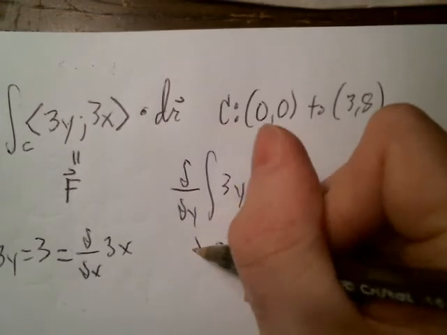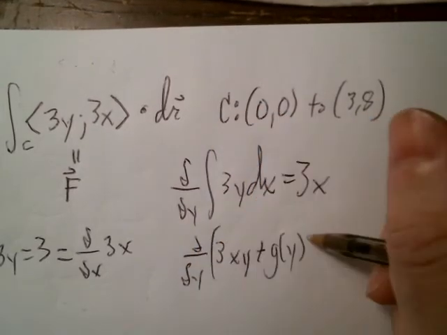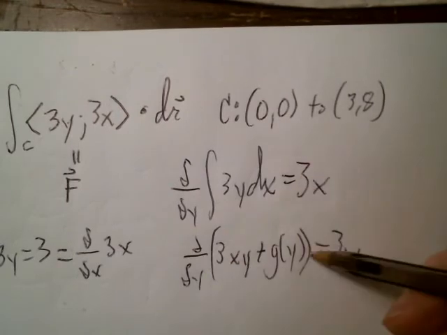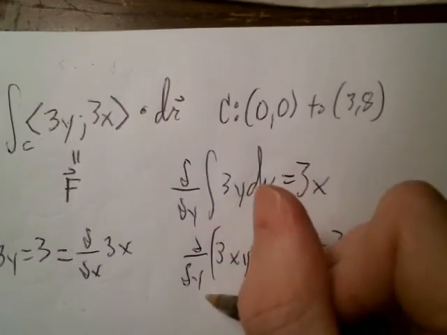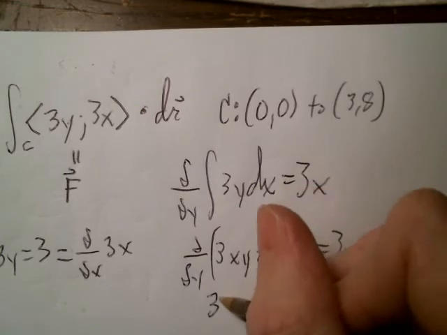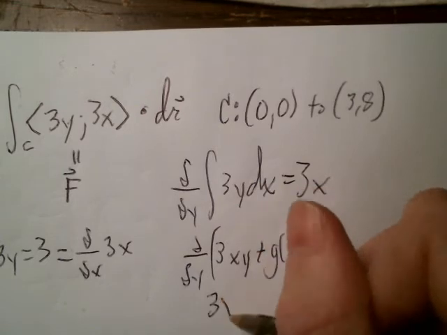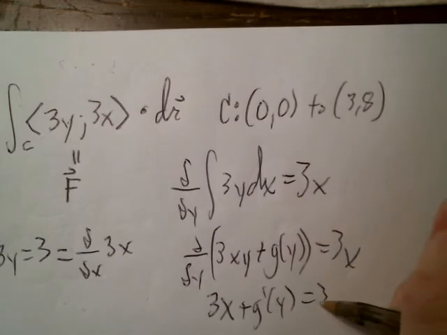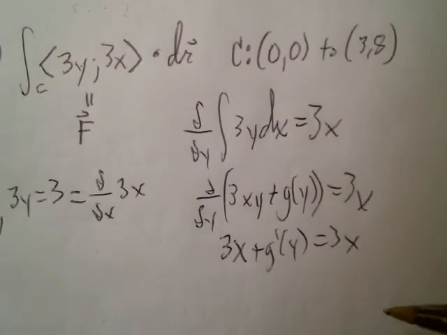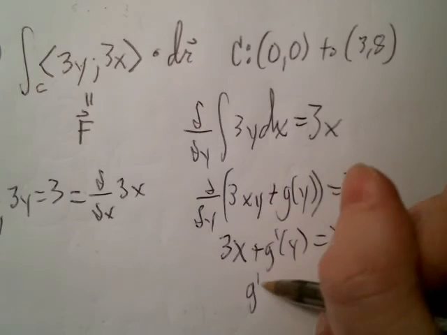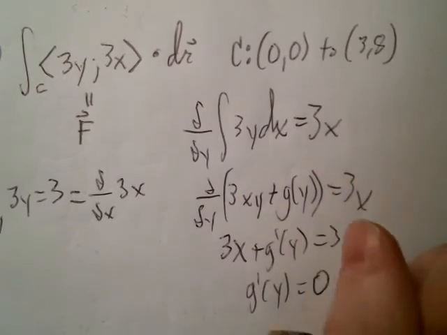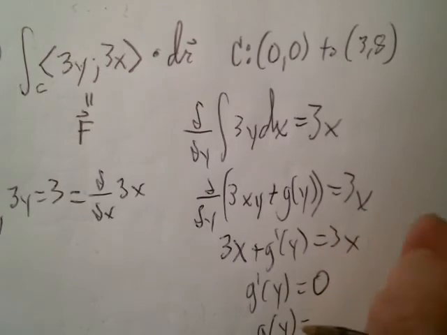And so I have to take the partial with respect to y of that, and that should equal 3x. The partial with respect to y of that is 3x plus g prime of y equals 3x. And then you could subtract 3x from both sides. g prime of y equals 0. Integrate both sides, and g of y equals k.